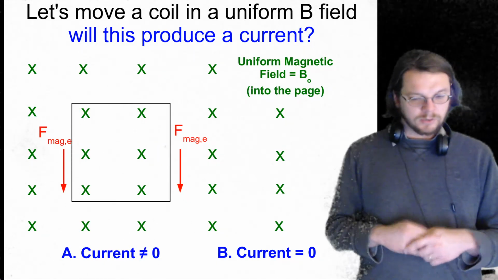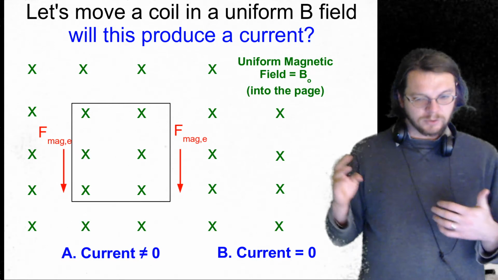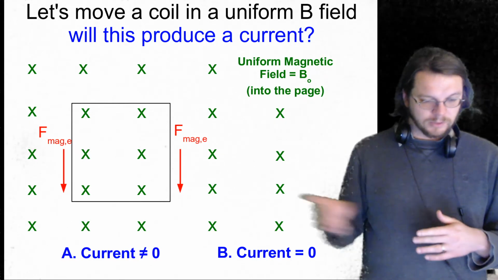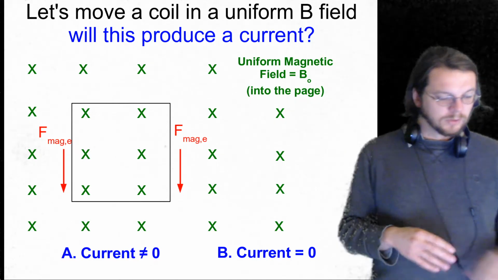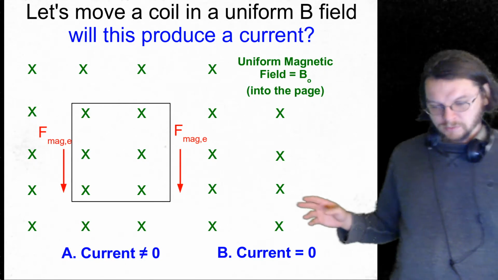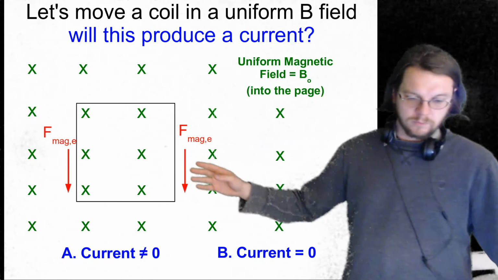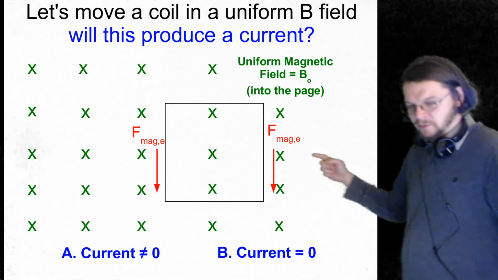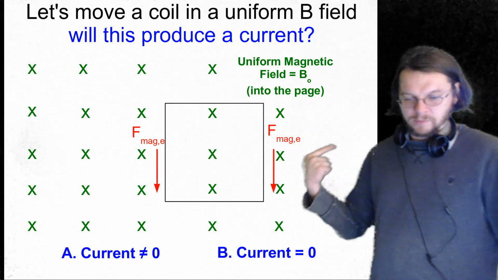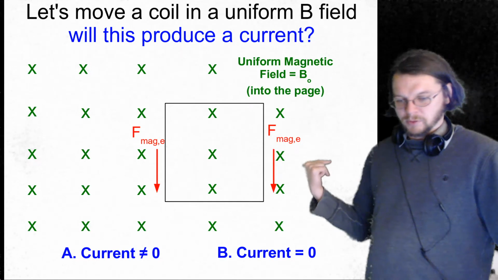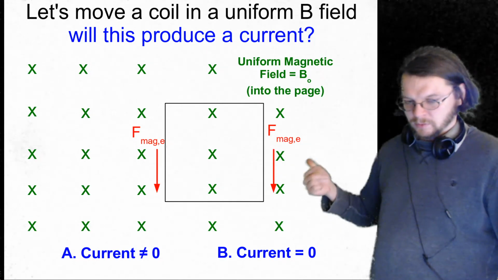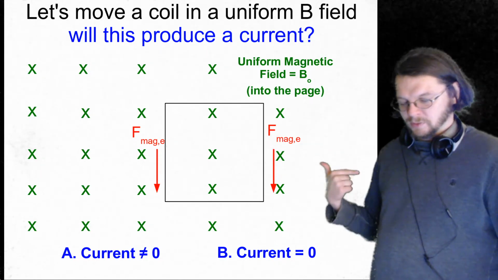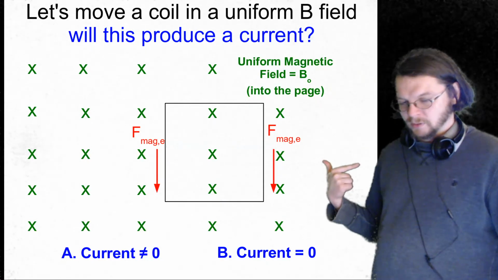The reason is that it's not that the force on the electrons is zero. There is definitely a force on the electrons. So remember V cross B. If we're moving this way, the magnetic field's into the board.